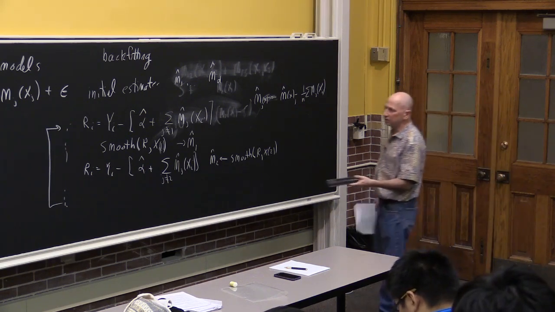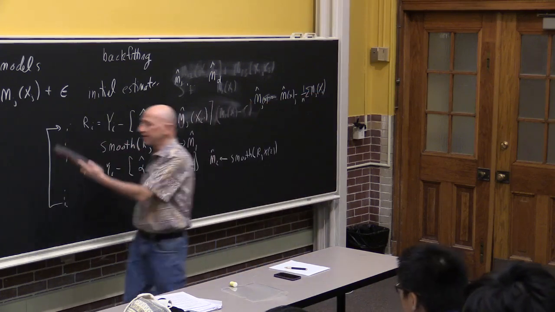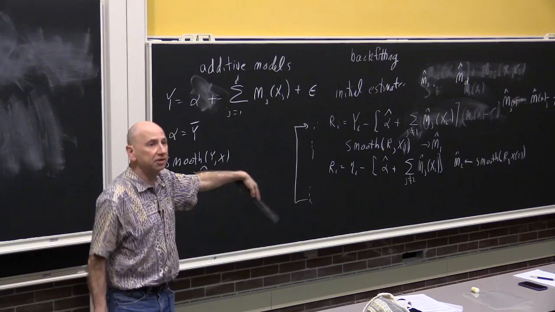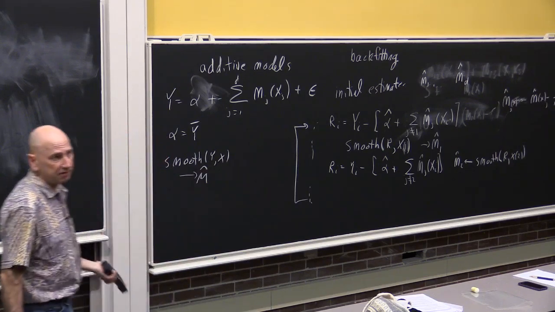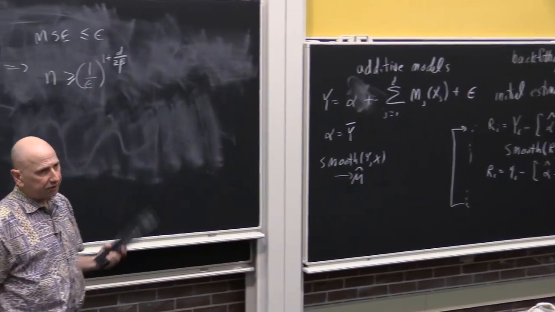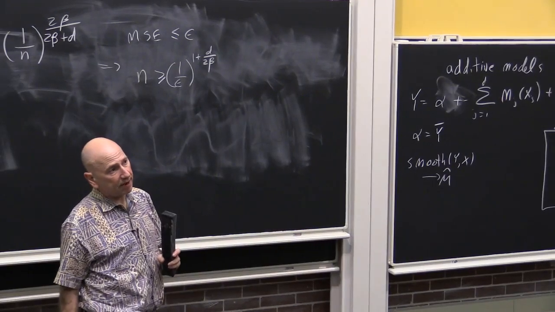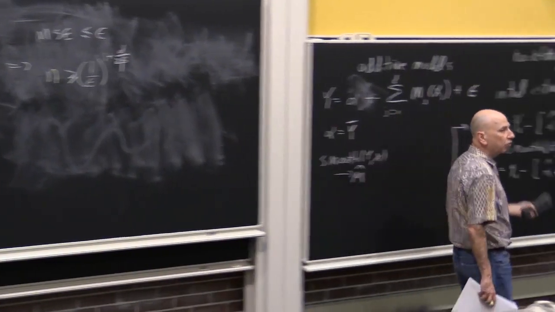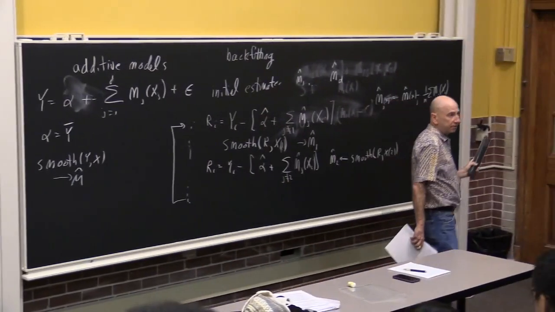The nice thing about this, though, is code-wise, all you need is any one-dimensional nonparametric regression method, and you put a wrapper around it, and now you have a d-dimensional method. There is a question, too, about smoothing parameters: do you use a separate smoothing parameter for each function or one common smoothing parameter?